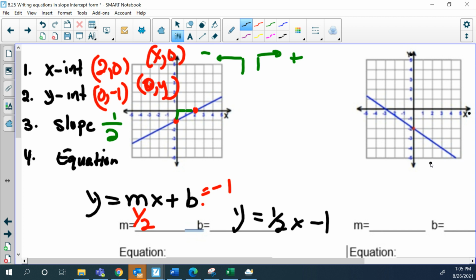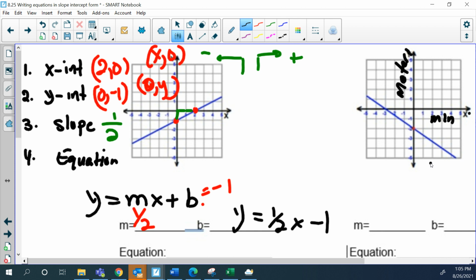Now, for rate of change, we would normally name the axes, and so, for instance, I might put minutes on the x-axis and distance in meters on the y-axis. So now my axes are labeled. So when I find the slope, it's going to be the rate of change.